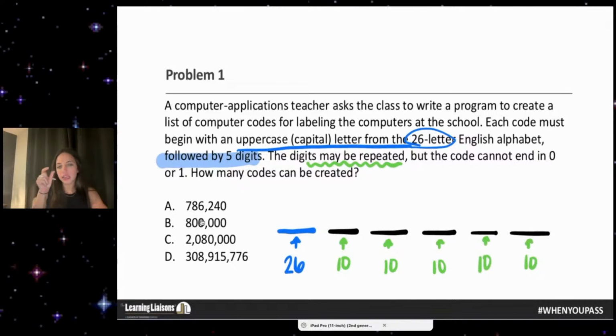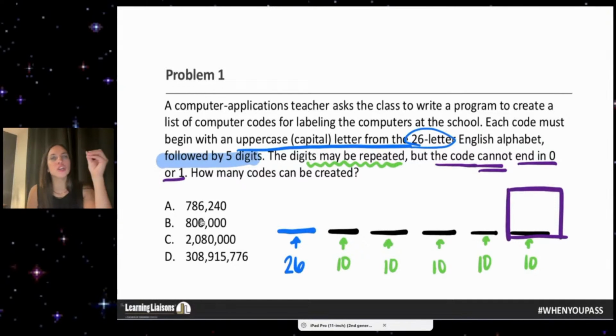But then there's a little tiny piece of information that we haven't addressed yet. It says the code cannot end in a 0 or a 1. So this spot right here has some additional criteria that we have to follow.